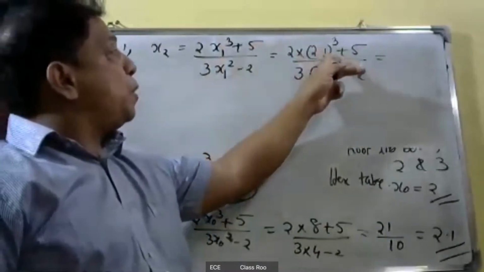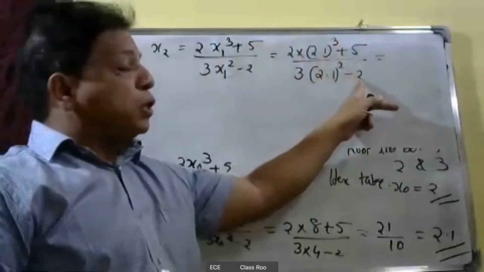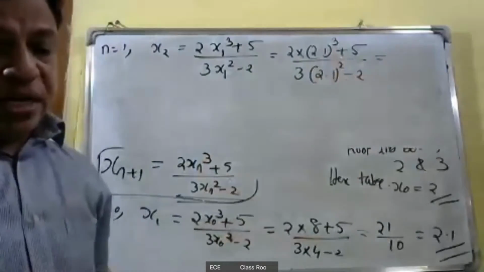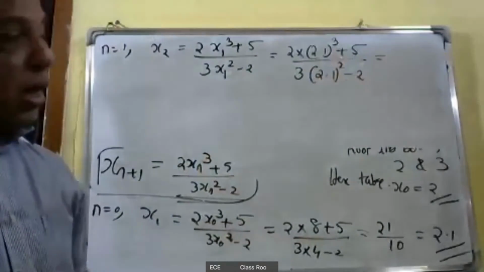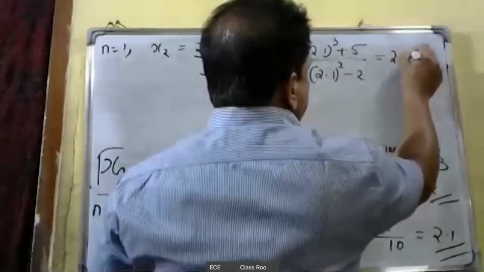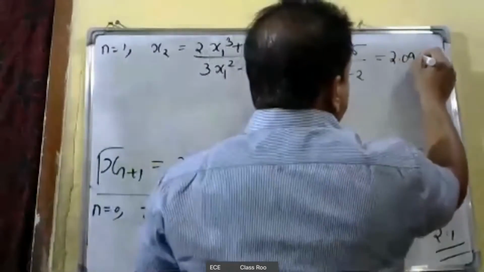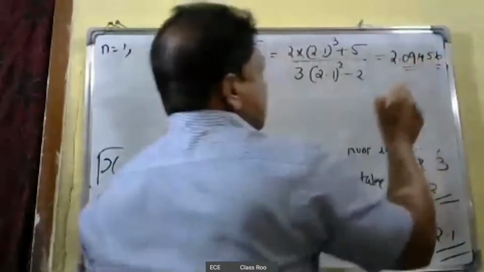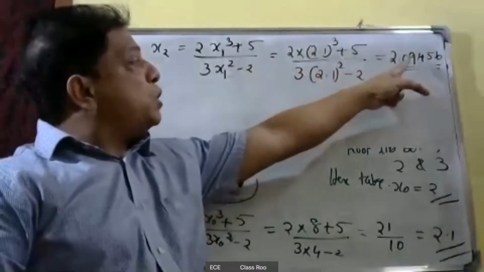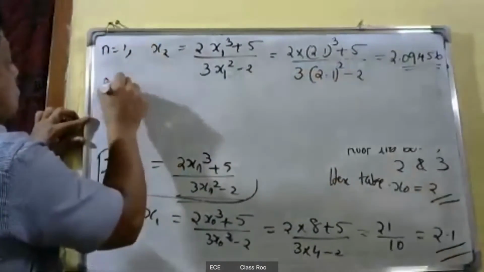Simplifying this by using calculator, we get the value of x2 is equal to 2.09456. Then next step, put n is equal to 2.